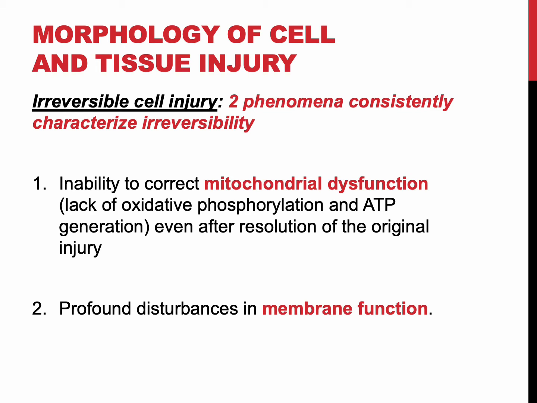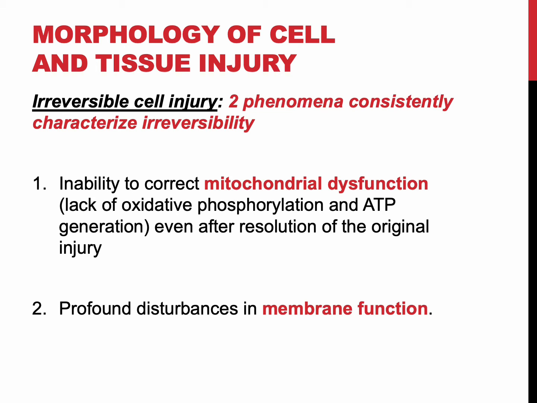When we talk about tissue injury that's irreversible, we typically mention that there are two phenomena that characterize this irreversibility. One of them is that the cell has no ability to correct a mitochondrial dysfunction, despite the stop of the original injury.